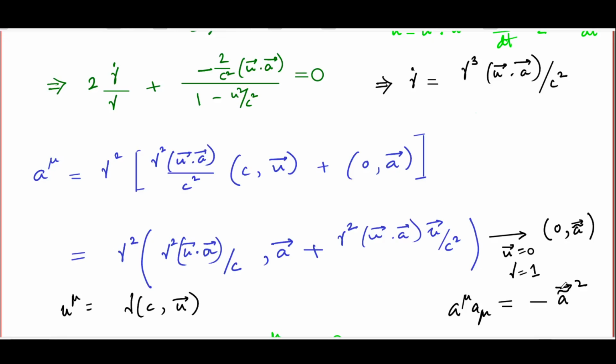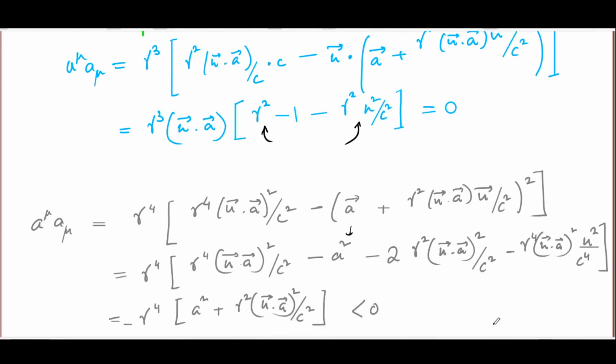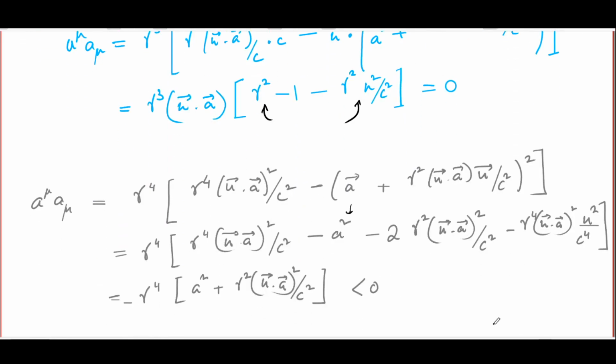But since the norm of a whole squared is an invariant quantity, it is the same in all frames. So in each and every frame, the norm of a whole squared is minus a tilde vector squared. So that's negative. Of course, that's not the same expression that we had worked out here.